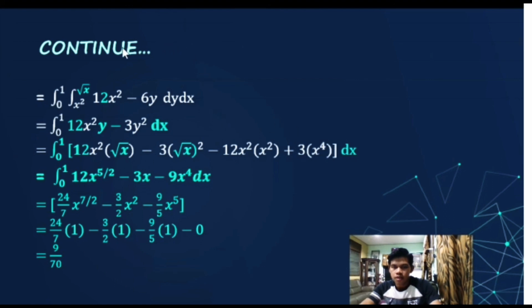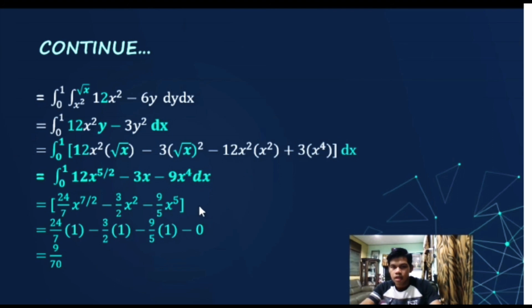Then we substitute the limits of y into this equation, and we get 12x to the power of 5 over 2 minus 3x squared minus 9x to the power of 4 dx. Then we integrate with respect to dx.